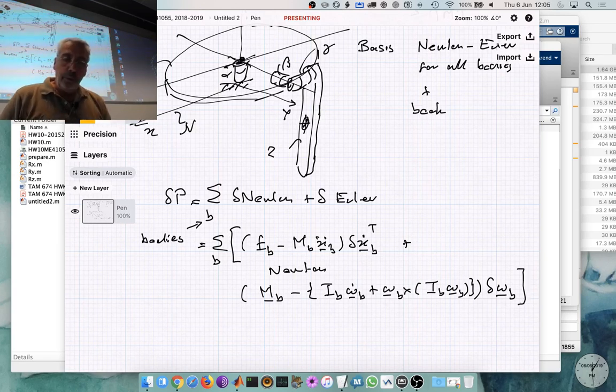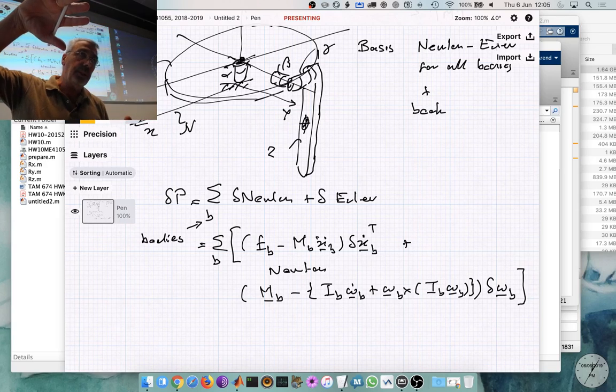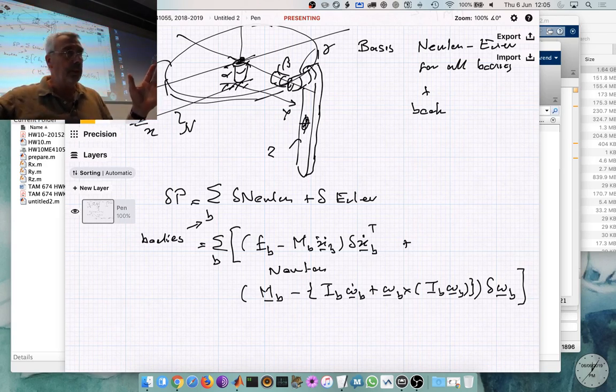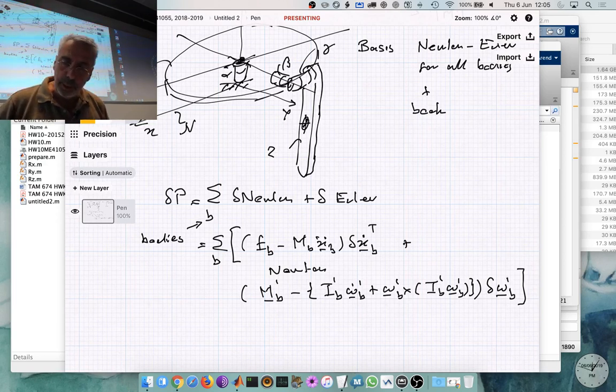Now, remember that this mass moment of inertia matrix changes when the body changes orientation. If we express it in the space fixed frame, it's a bit cumbersome. So we like to express everything in a body fixed frame, because then these terms are constant. That simplifies our work a lot.